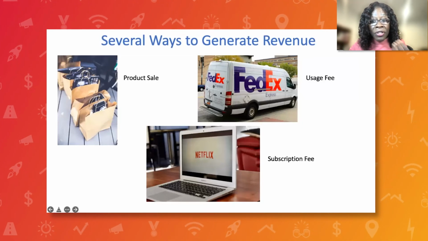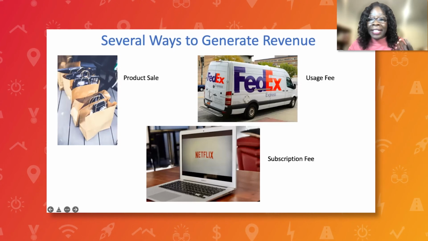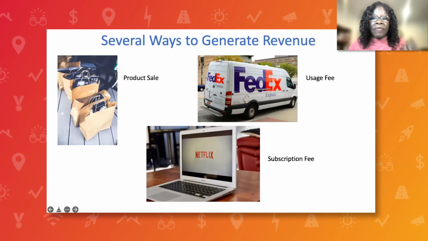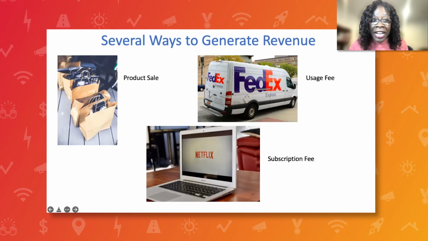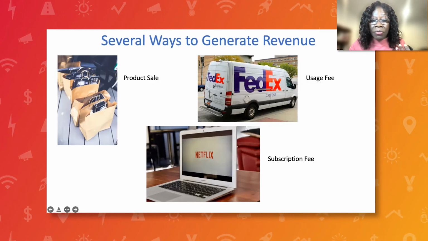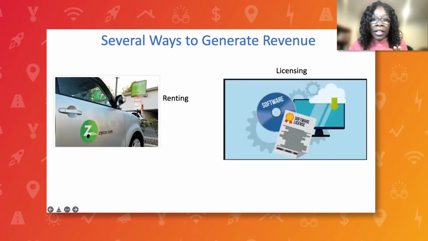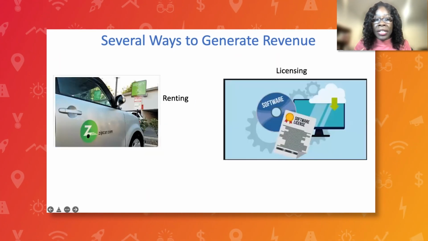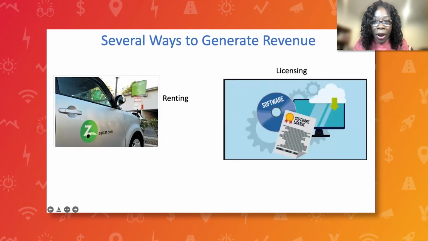There are several different ways to think about that. It could be an asset sale, where you're selling a physical product. It could be a usage fee like FedEx, or a subscription like Netflix. It could be renting or licensing, or even the razor blade model.